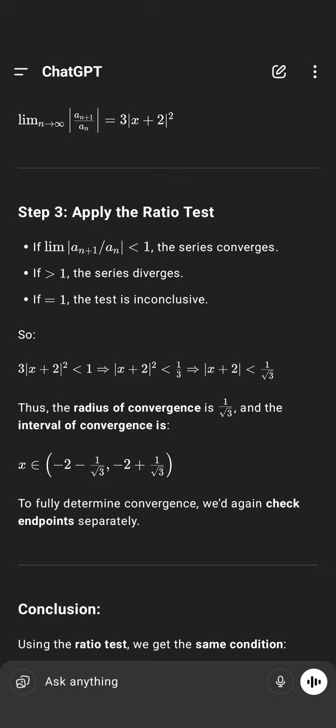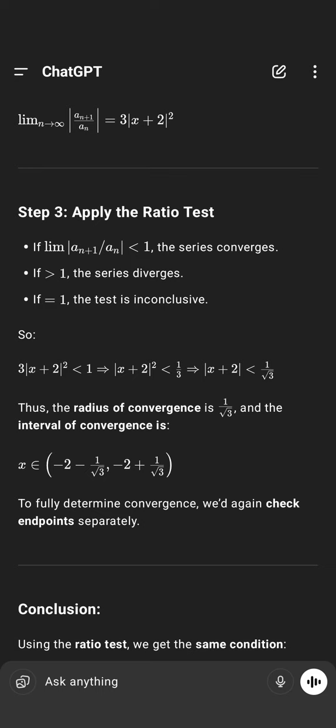If the limit of the absolute value of a_(n+1) over a_n is less than 1, the series converges. If it's greater than 1, the series diverges. If it equals 1, then it is inconclusive.